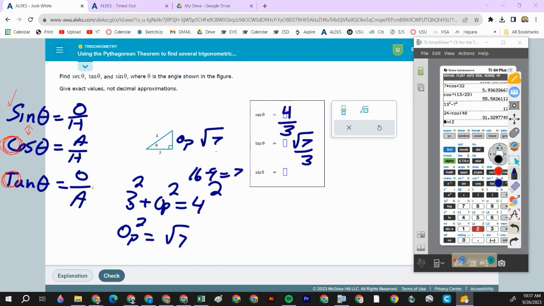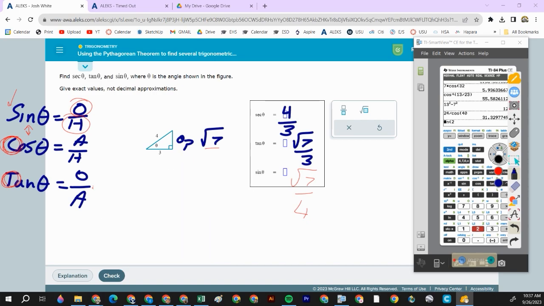What is the sine of theta? Sine is O divided by H. So that would be root 7 over 4. What if it asked me for the cotangent? What would the cotangent of theta be?